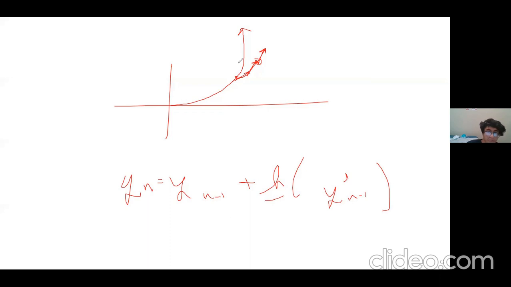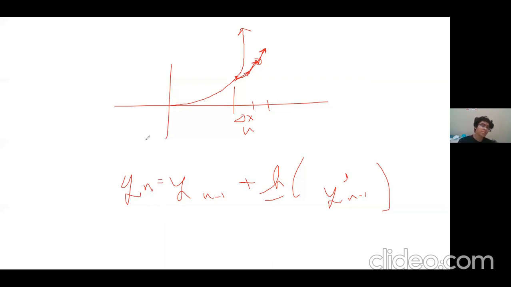It's like the delta x for each step. So this is delta x, which is like h, right? And this is another h, right? Okay. And you're estimating the y value at some n, where n is like the number of steps you take, right?